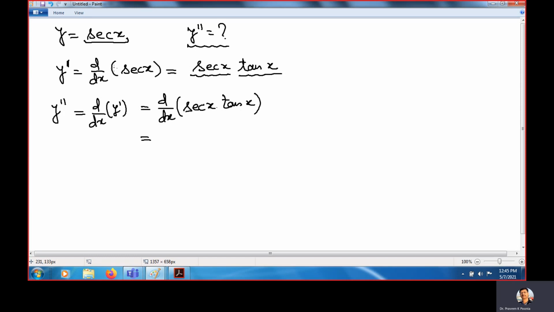For the first derivative you calculate directly, but for the second derivative you need to use the product rule. So it is sec x times derivative of tan x plus tan x times derivative of sec x.